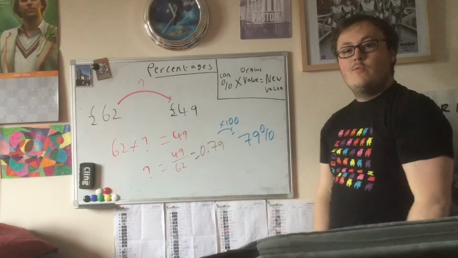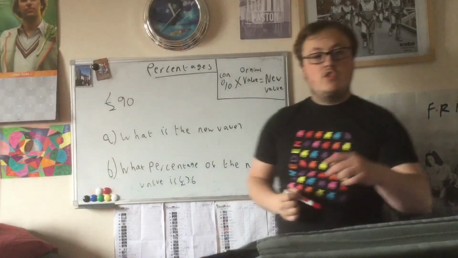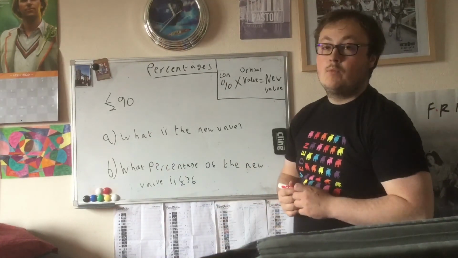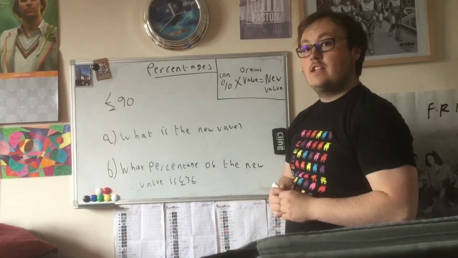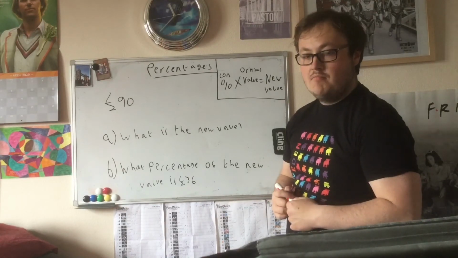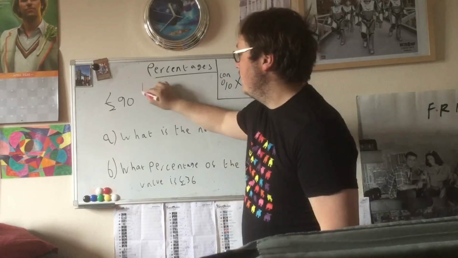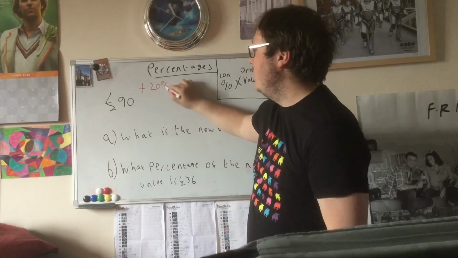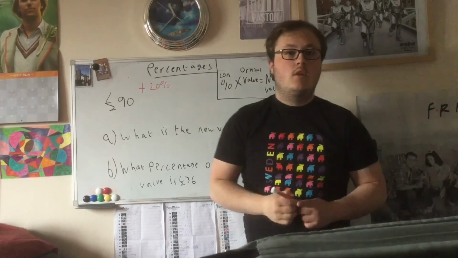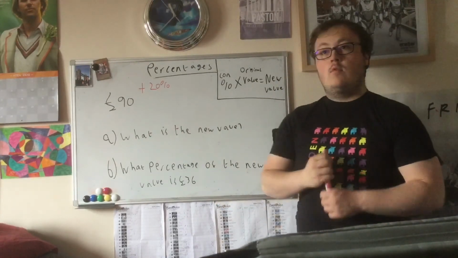Now, let's move on to our challenge. Here is your challenge for today. I start off with an object that's £90. That object's price went up by 20%. What is the new value of that object?